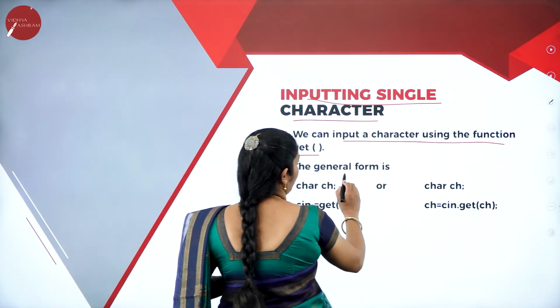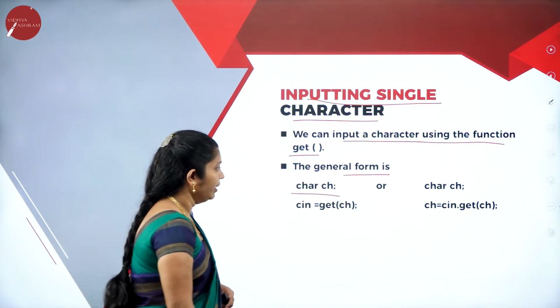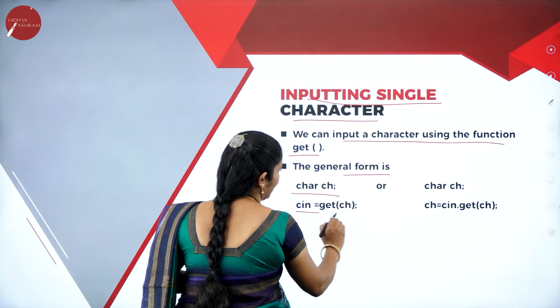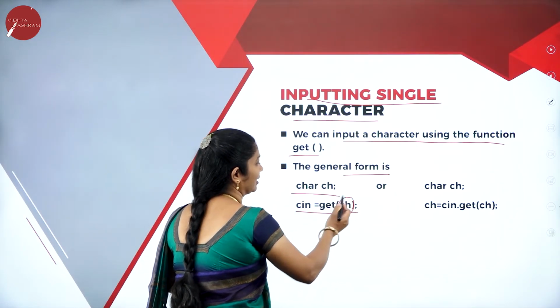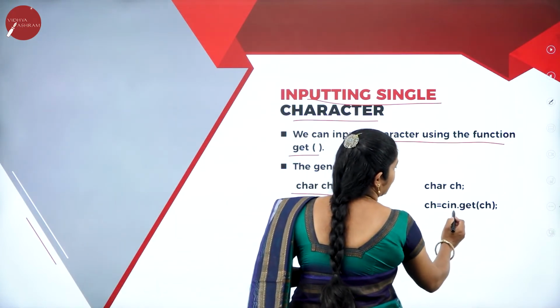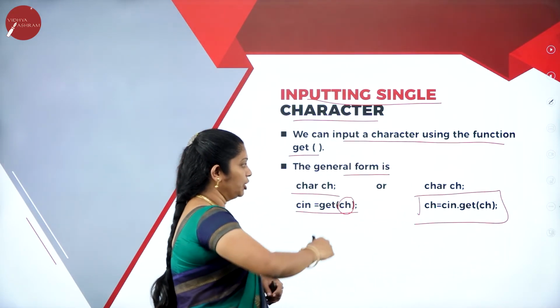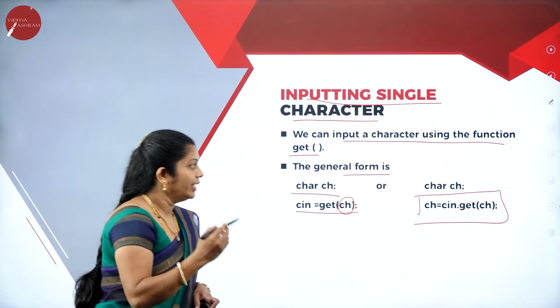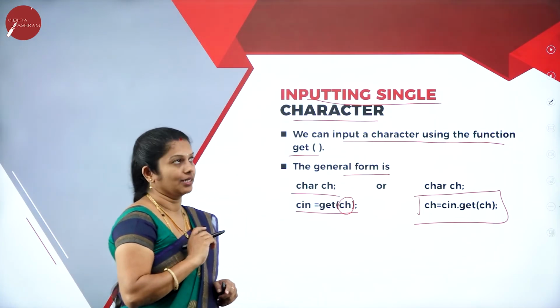The general form is char ch, declared as a character data type. Then you write cin.get(ch). This ch is a character. Or we can input cin.getline(ch), or otherwise ch = cin.get(). By that also we can input a single character.